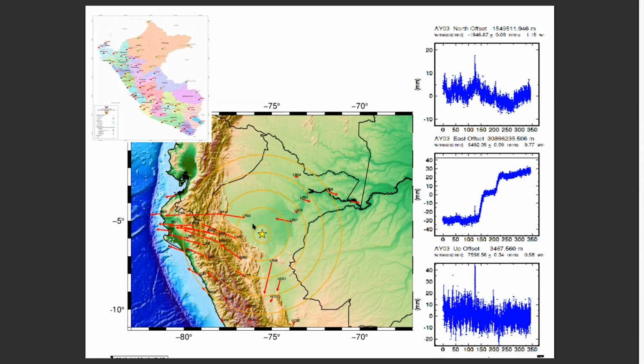Do you know if the station is close to where the magnitude 8 earthquake happened as well? Yes, but I did not put it in the slides. But I have it for all stations for each day.